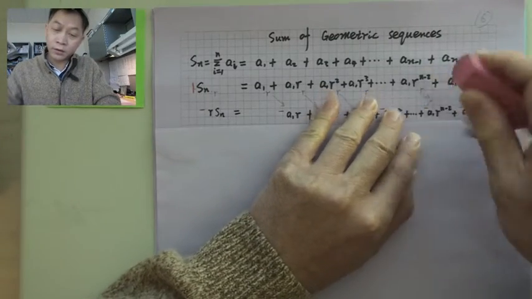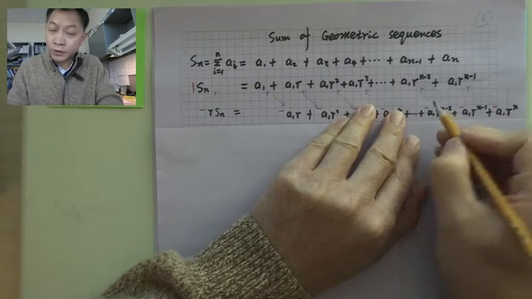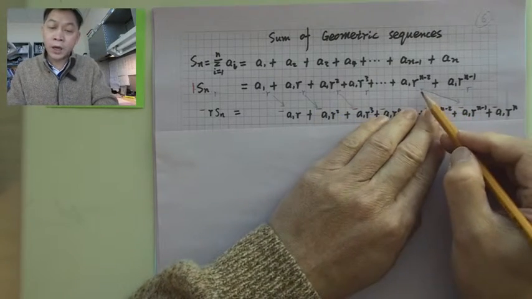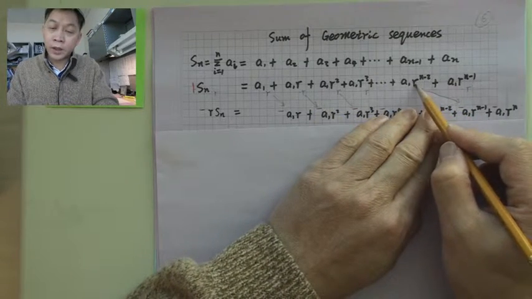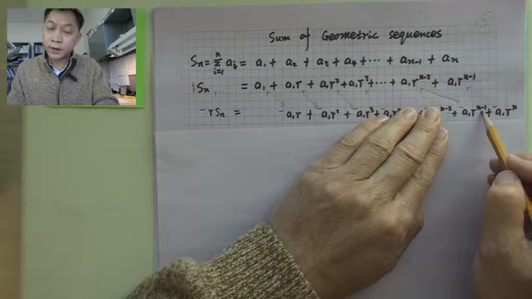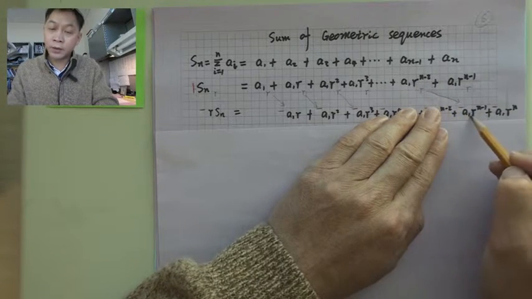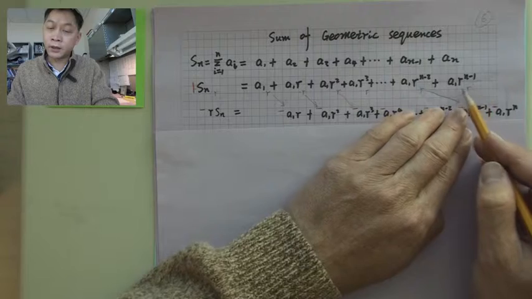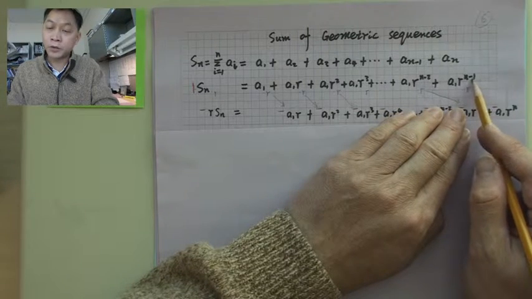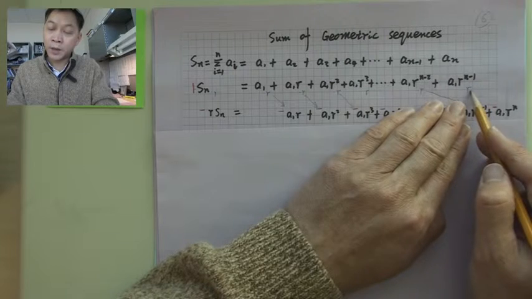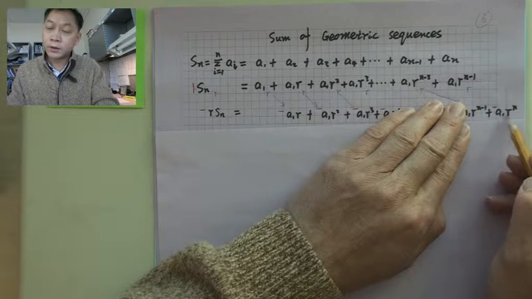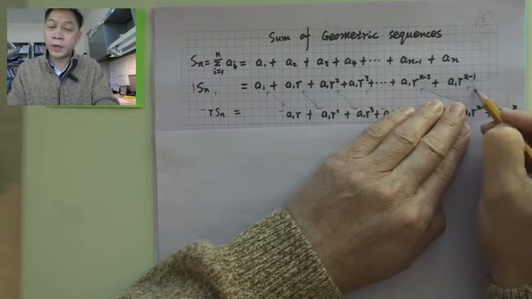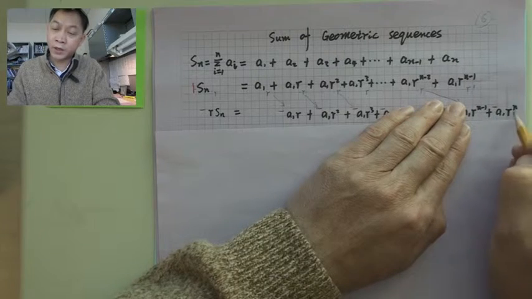So let me do it right here, because r times r to the n minus 2 goes there. And A1 comes from the previous one. And then here is A1 r to the n minus 1, and then you times r, so you have A1 r to the n, because you know here the exponent is n minus 1. You add 1 to n minus 1, then you know the exponent is n.